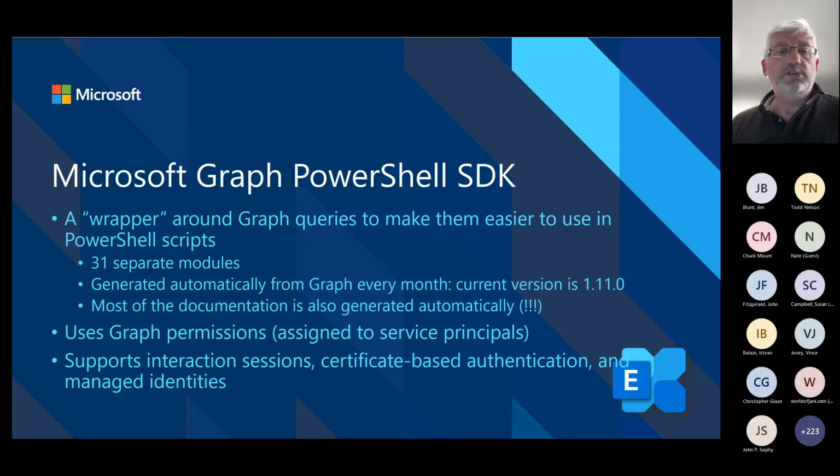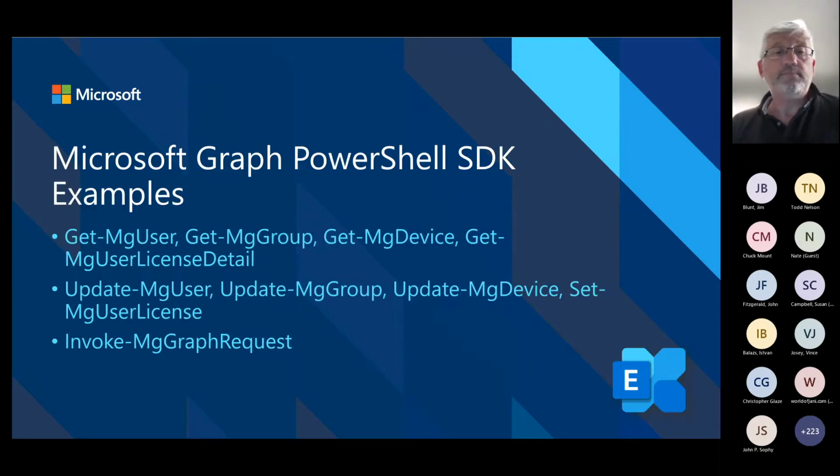The SDK uses graph permissions, which are assigned to service principals, either the service principal that you use for interactive use, which we discussed previously, or for an app that you create to use the graph SDK commandlet in production. It supports interactive sessions, certificate-based authentication, and managed identities. Okay, so that's all good.